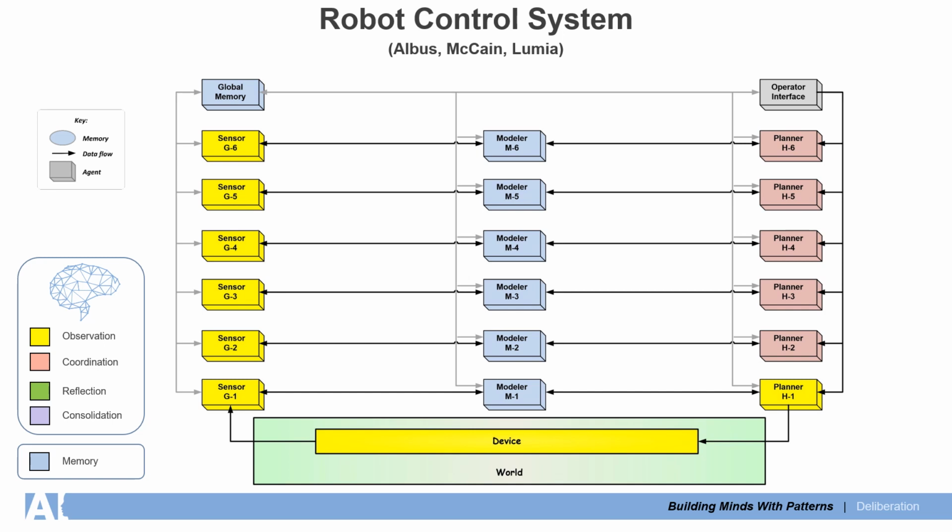The sensors, modelers, and planners plan across increasing time spans, with components G1, M1, and H1 using the smallest time span, and components G6, M6, and H6 using the largest time span.